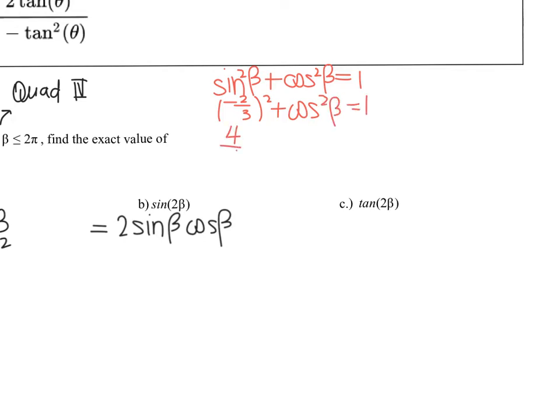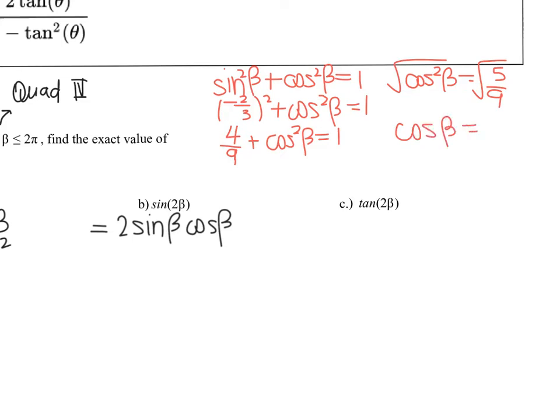So we get 4/9 plus cosine squared of beta equals 1. Subtracting that 4/9, we get that cosine squared of beta equals 5/9, and then taking the square root, we get that cosine of beta equals radical 5 over 3.